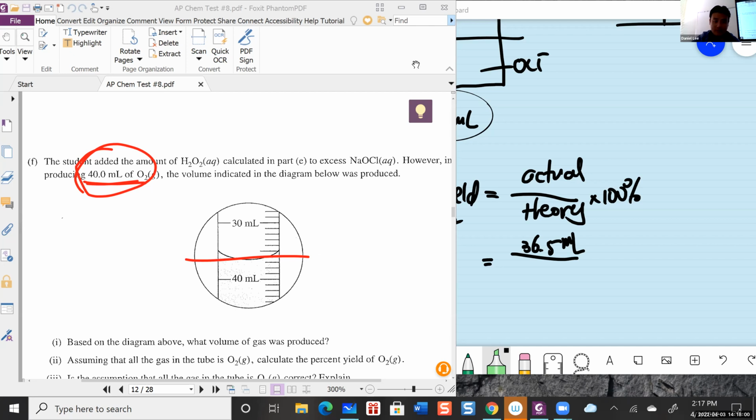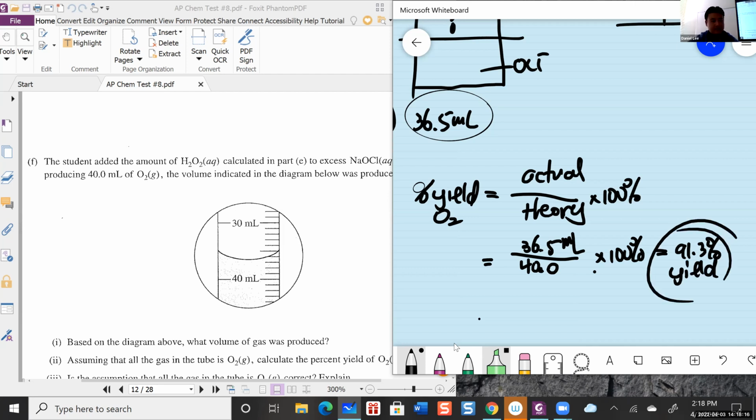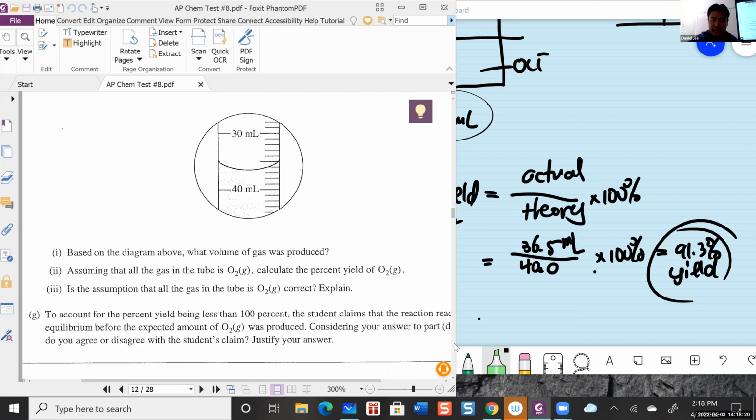Well, that is not 100% yield. So you just divide it by 40.0, and then you convert that to percent. So this is also 3 significant figures. So the answer is 91.3%. That is the yield. It's a pretty good yield for the experiment. So 1 point for F2 as well.